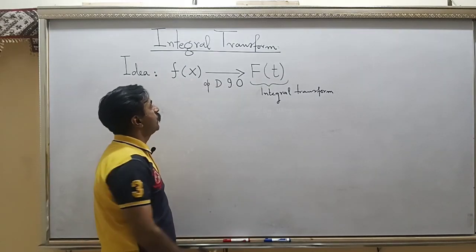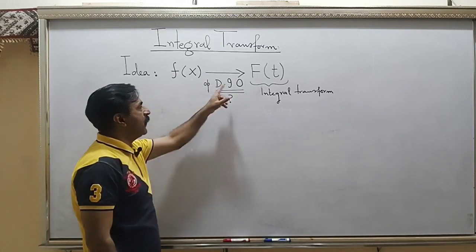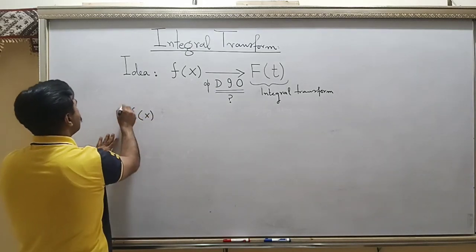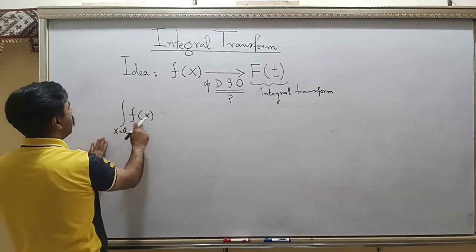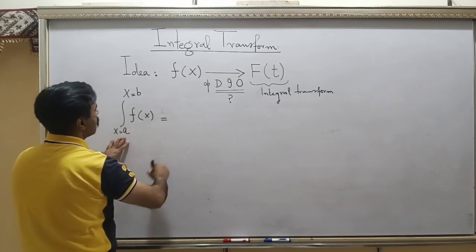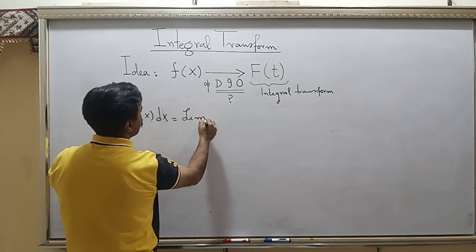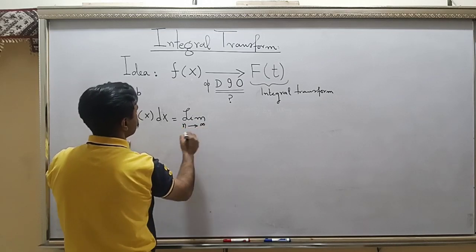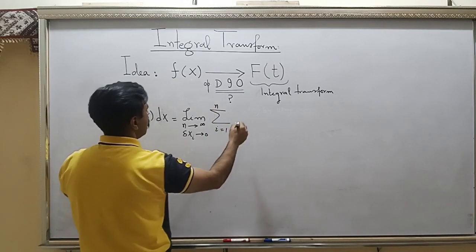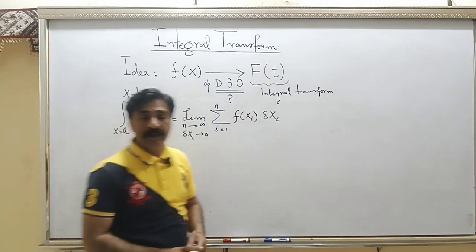Now we need to find what this definite integral operator is, and for this case we may start from the definite integral of your old function f(x) from x equal to a to x equal to b, and each one of you knows that this is an integration over x, and this is equal to this Riemann's sum, i from 1 to n. This is the definition of definite integral, right?